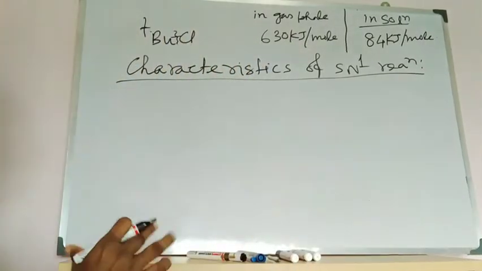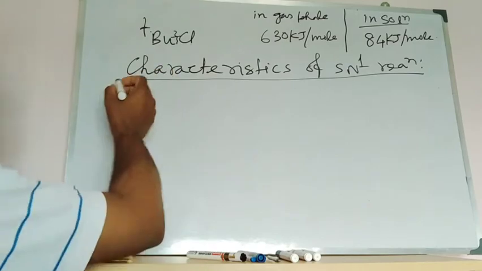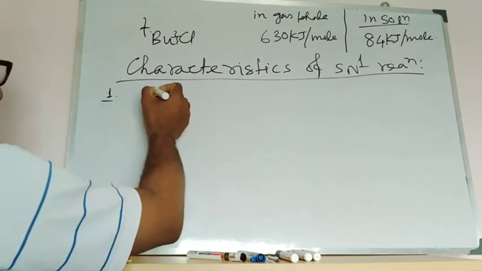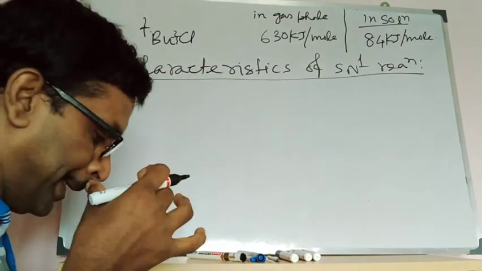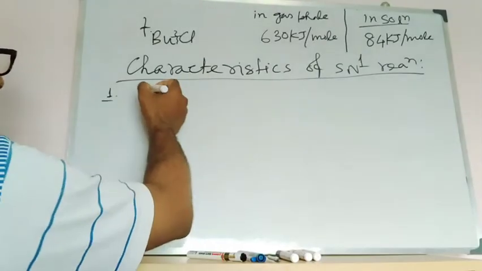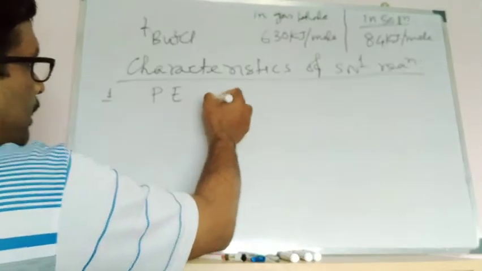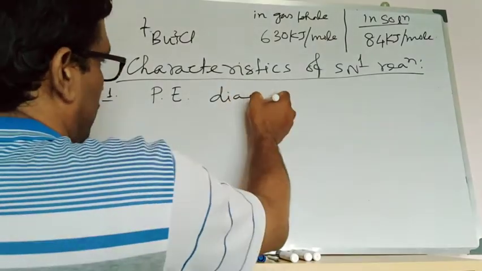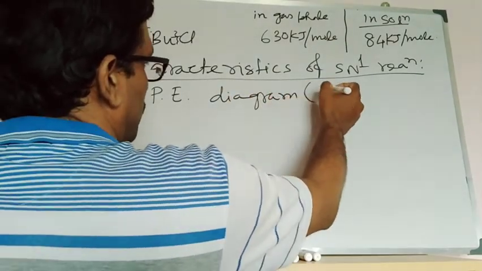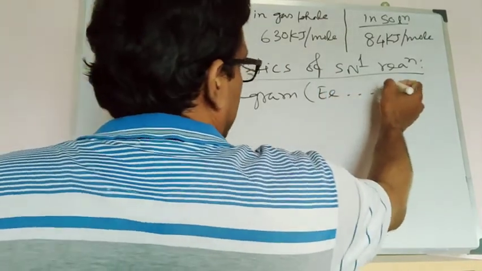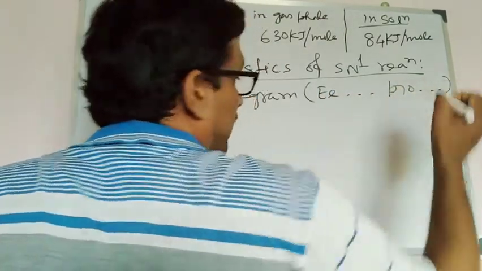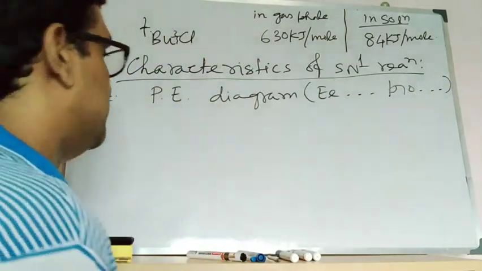Now I discuss the characteristics of the SN1 reaction. First, the energy profile. There is an energy profile diagram of this one. I may call this a potential energy diagram, or you may call this the energy profile of this reaction.